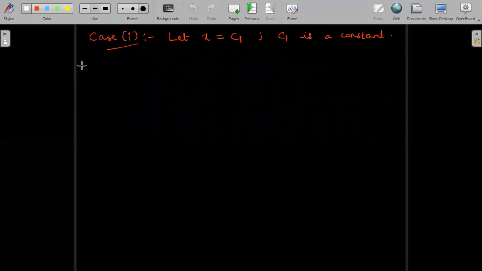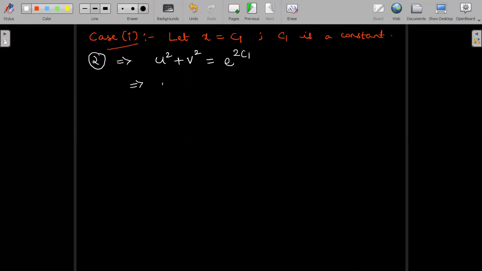Same thing we are going to discuss and write down now. So equation 2 implies u square plus v square is equal to e to the power 2c1.